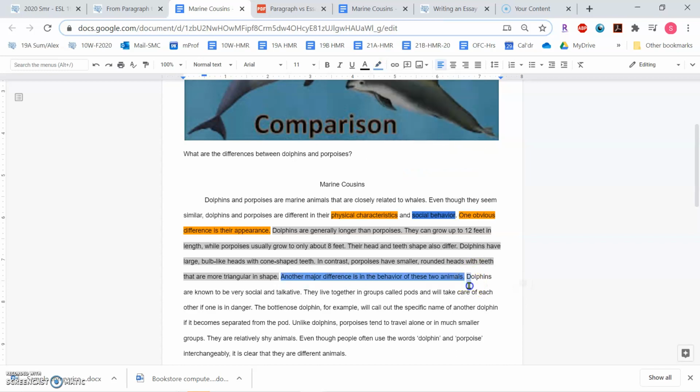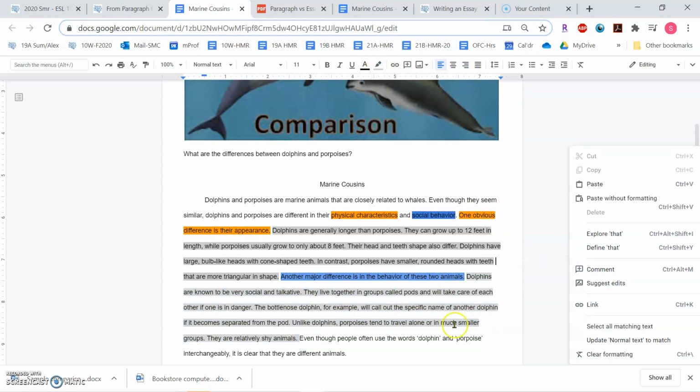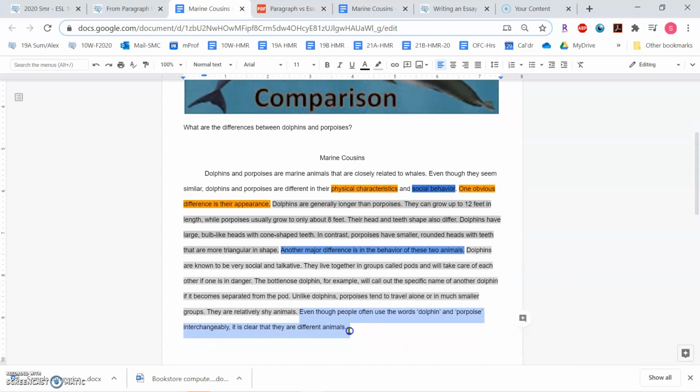And then we have the support examples and details to support your second supporting point. Okay, and finally you have a concluding sentence. It's basically a reminder to the reader about what the main idea of the paragraph was.